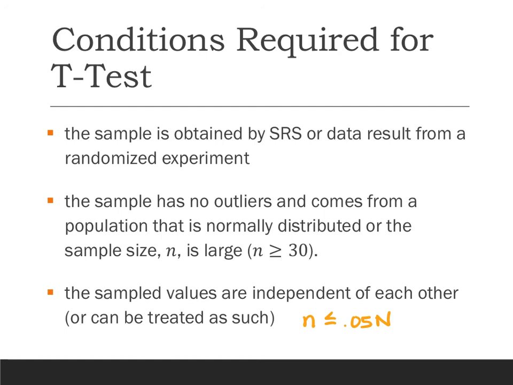So what we've been doing to check that in the past is actually dividing the sample size by 0.05 and making sure that it makes sense that our population size is at least that big, so that our population size is greater than or equal to n divided by 0.05. And of course, we don't need to memorize that second. That's just what happens when we solve. This one is much easier to keep in mind.